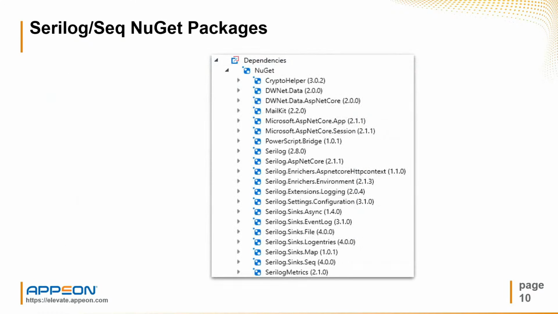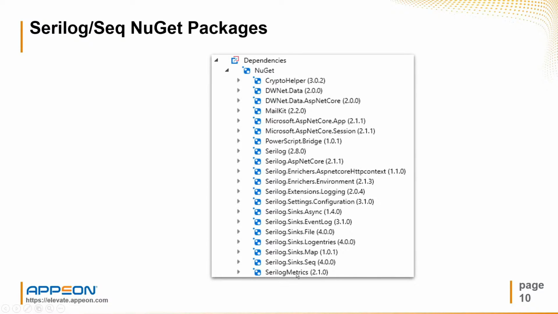When all is said and done and you've selected the packages that you want, of course they'll show up in your solution in the dependencies area, and you can see here there's a snapshot of some of the things that we've installed. Serilog for ASP.NET Core as well.